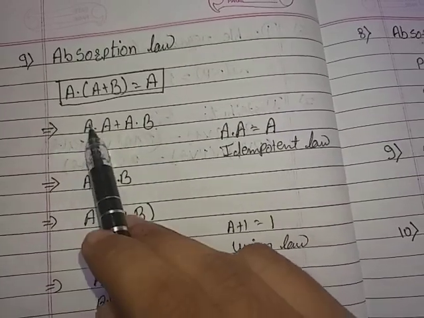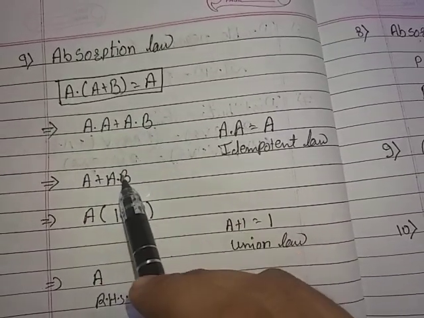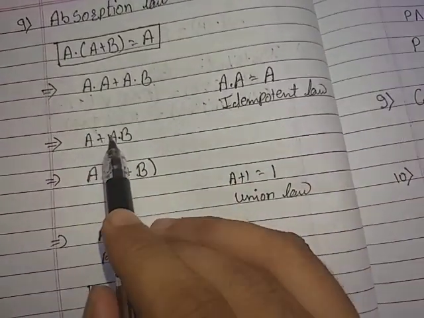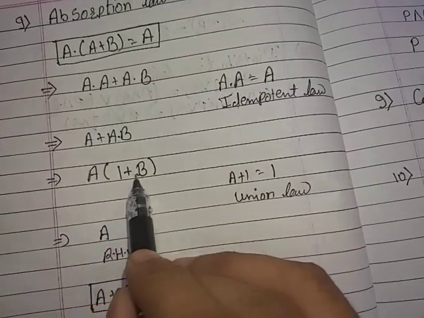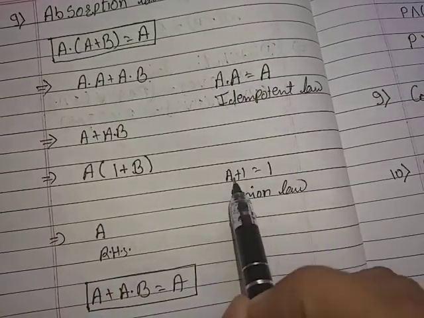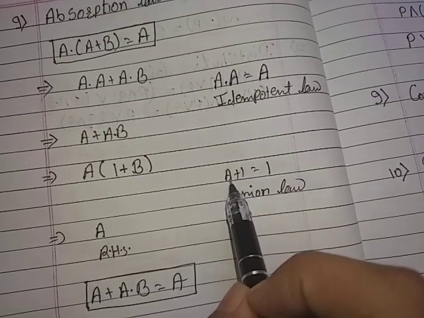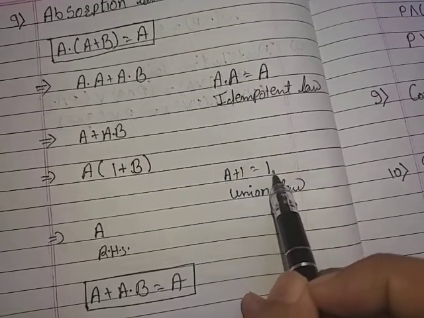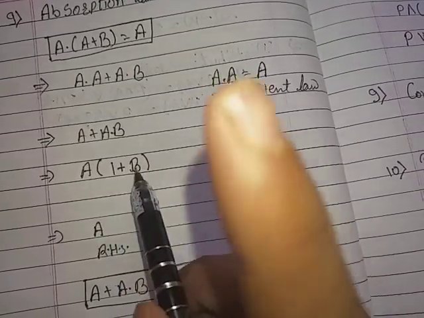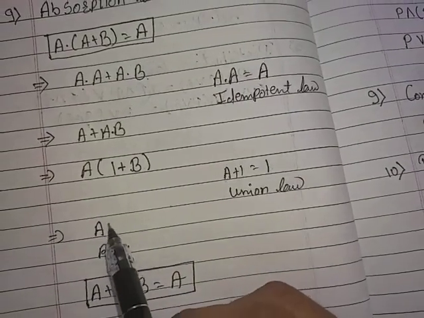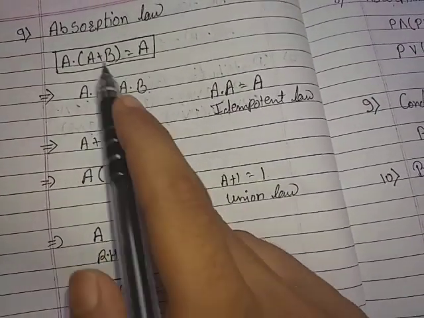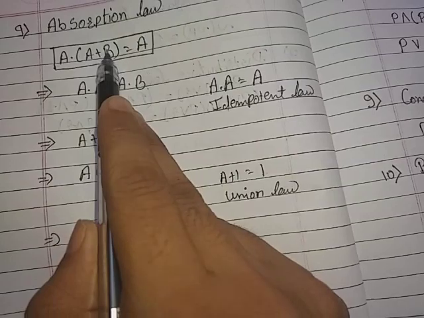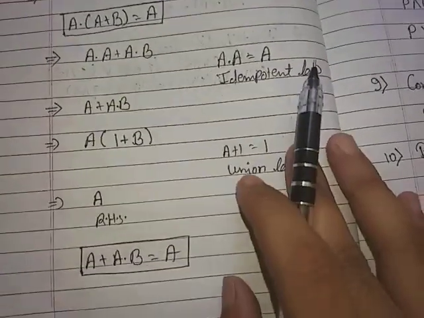So it becomes A plus A dot B. Now on taking A as common, I will get 1 plus B. And from union law, 1 plus anything is equal to 1. So 1 plus B becomes 1 and A dot 1 is equal to A. So what we get? A. So we can say that A dot (A plus B) is equal to A.